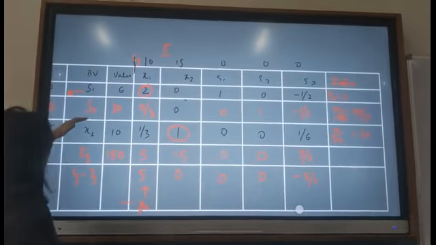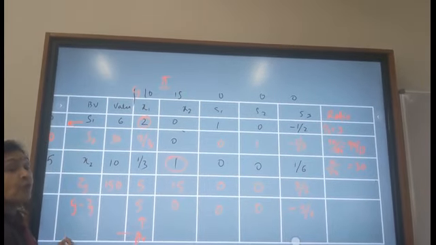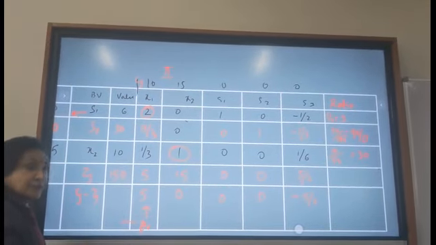And below it, we write down the new row 1 of table 3.